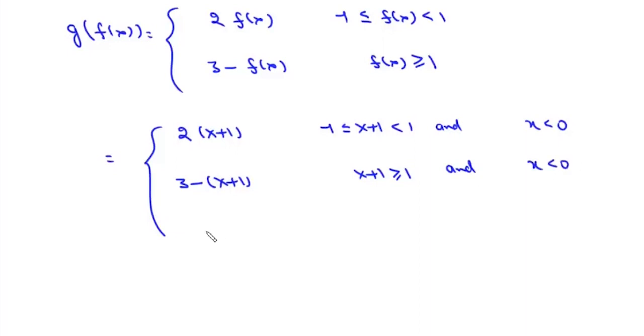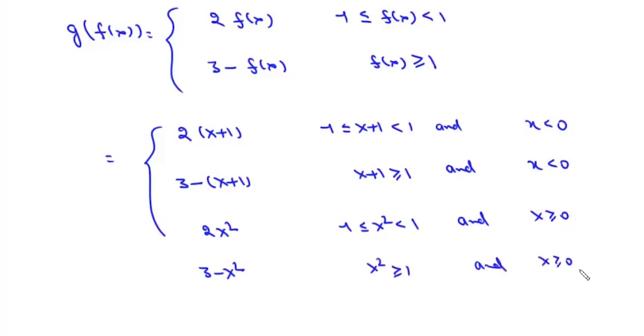Now the next definition is x square, so it will be 2x square when x square lies between -1 and 1 and x is greater than or equal to 0, and then it will be 3 minus x square when x square is greater than or equal to 1 and x is greater than or equal to 0. Now we'll solve these conditions.